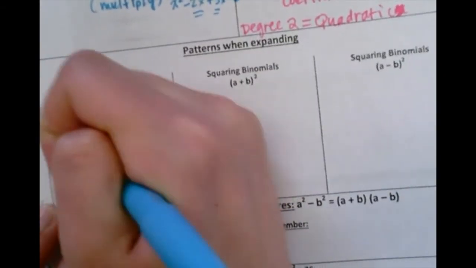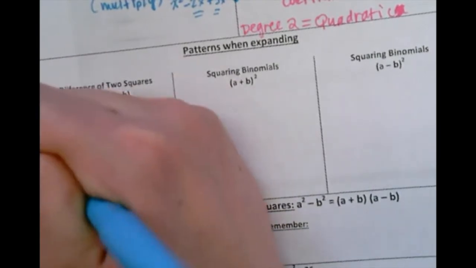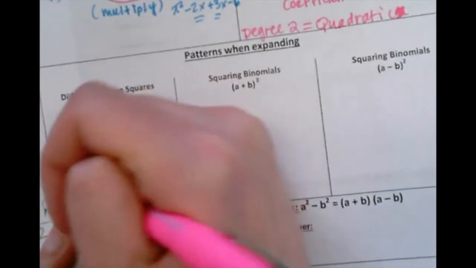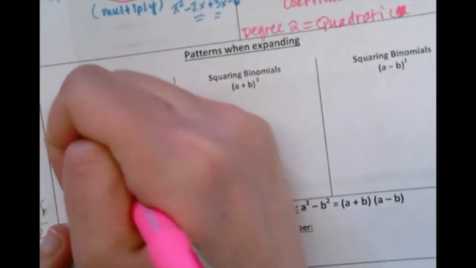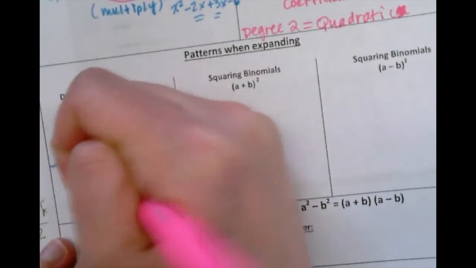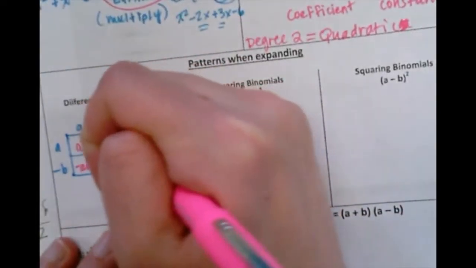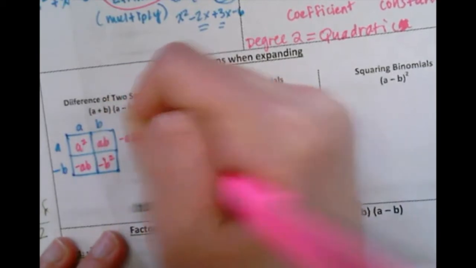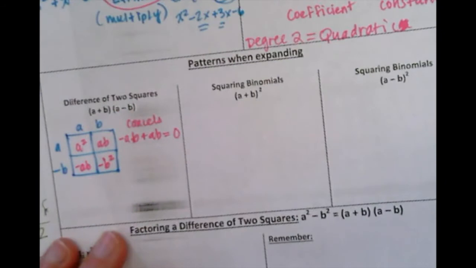Something interesting happens here. So if we set up the box, we saw a times a is a squared, a times negative b, negative ab, a times b is ab, and negative b times b is negative b squared. So what happens here is the negative ab, when we go to combine the negative ab plus ab, they cancel and just equals 0, right?